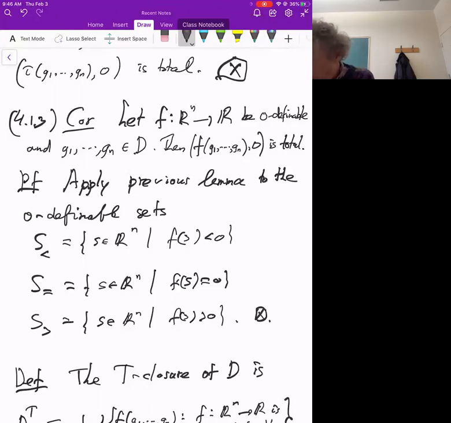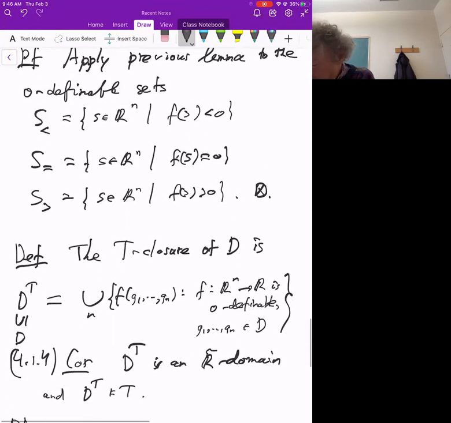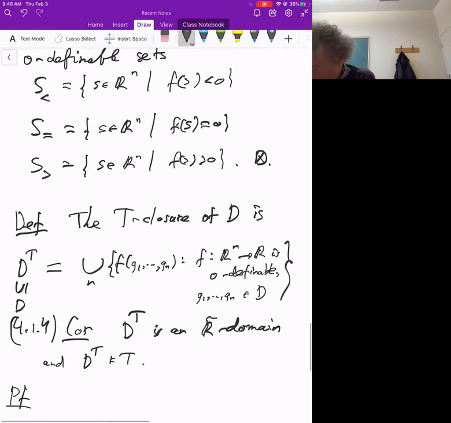But of course, since all the elements of D tilde are of this form, and you can always use dummy variables, if you have two such things, f of g1 to gn and f star of g1 star up to gn star, you can always replace n and n star by their sum and so on.